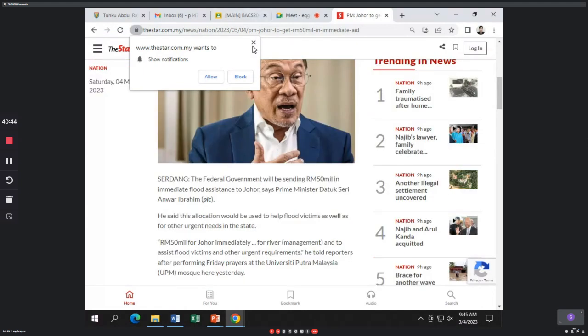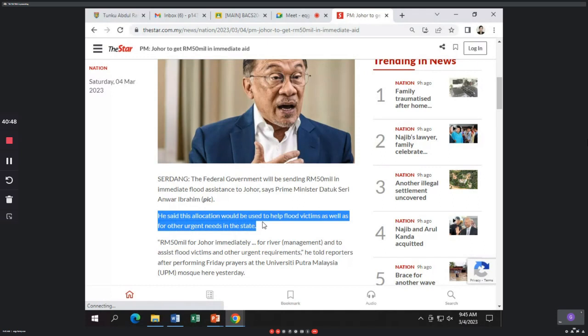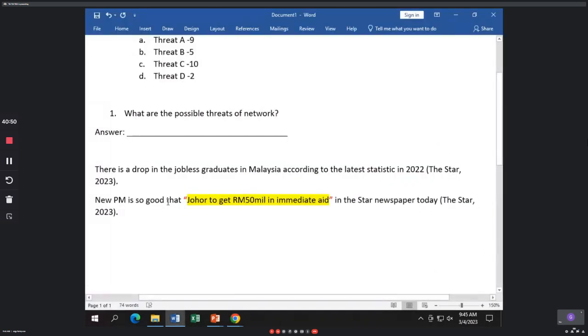He said this, blah, blah, blah. PM Anwar said this allocation will be useful to the flood victims as an urgent step. And then I put the Star, 2023.